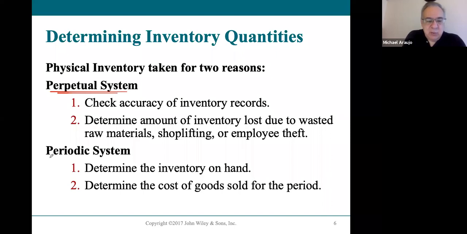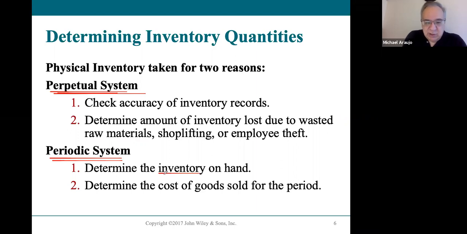And so you have to do what's called a physical inventory, which is really the hallmark of a periodic system. You literally have to physically count the inventory, and then compare it to what the computer system says you're supposed to have and work out those differences. What the periodic system will tell you is two things.